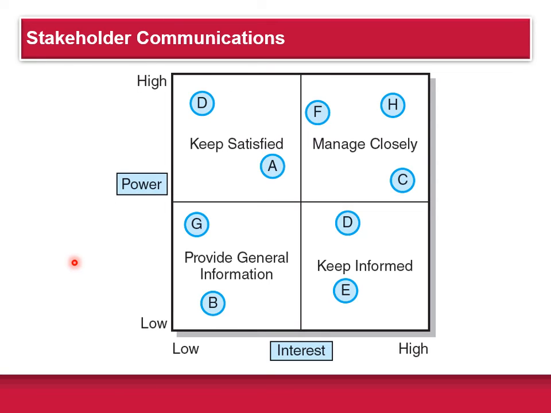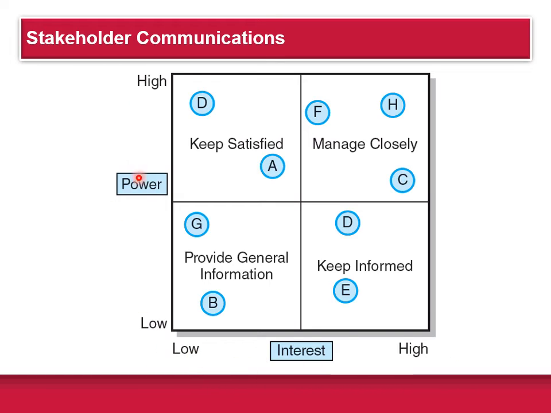The book gives a very good example of a stakeholder communication matrix. So when you're trying to figure out exactly who we should give information to, this is a nice kind of chart. Here, at the bottom of the horizontal axis is low and high interest. Some stakeholders have more interest in the project than others.